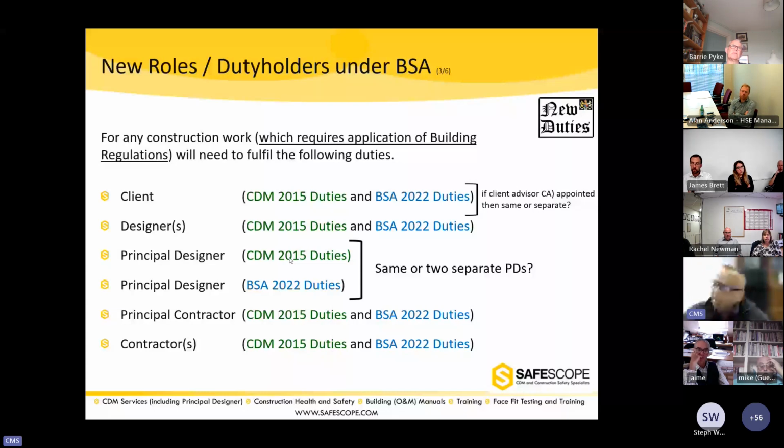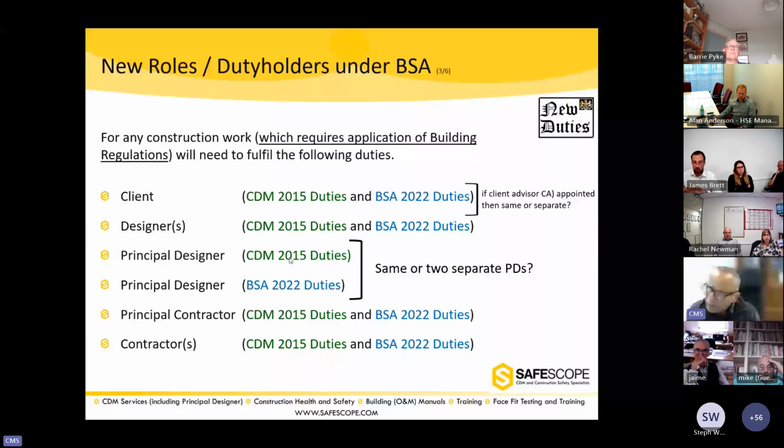Now let's come back to the client. Clients have duties, and the practice under CDM 2015 is that more often than not they end up appointing someone, or even the principal designer jumping in, to help them look after their client duties.